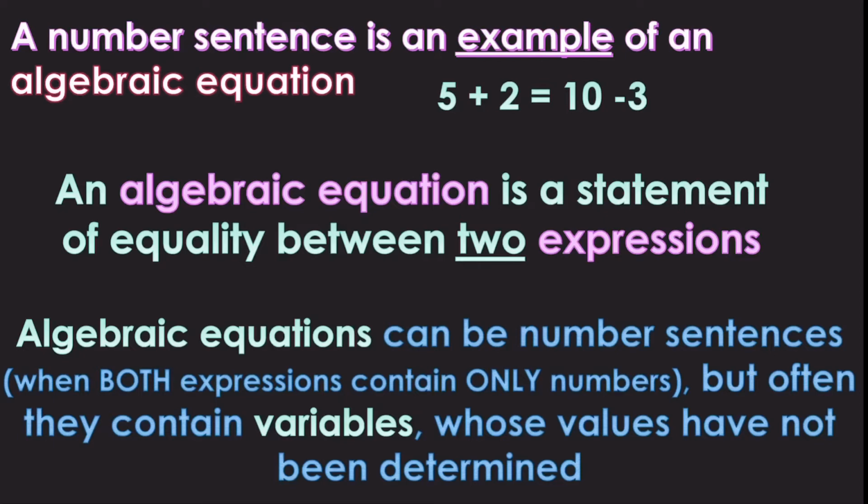So that's just one type of it. Algebraic equations can be number sentences when they only have numbers, but more often, and what you're going to see moving forward, they're going to contain variables. And those variables are unknown. We don't know them, okay? They haven't been determined, but sometimes we'll be able to figure them out.